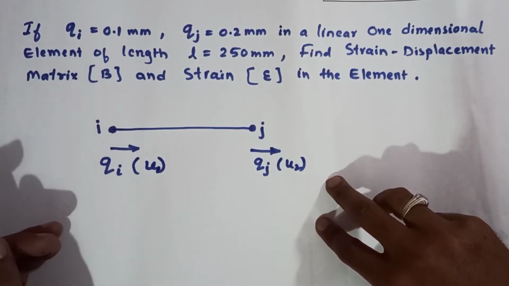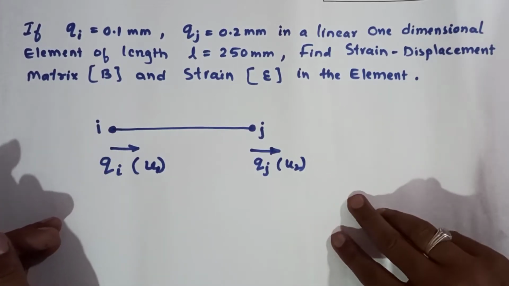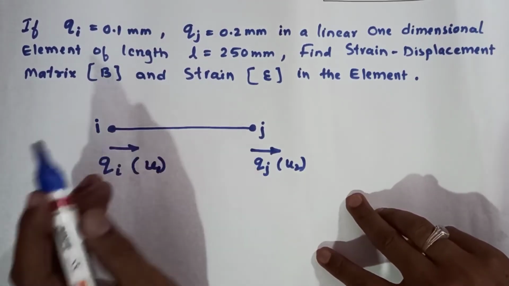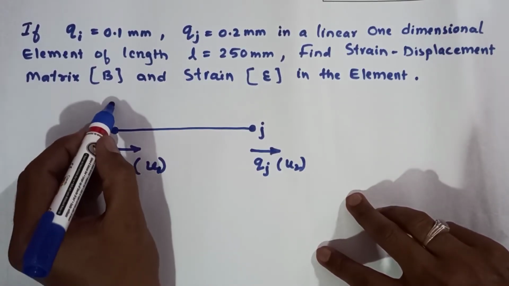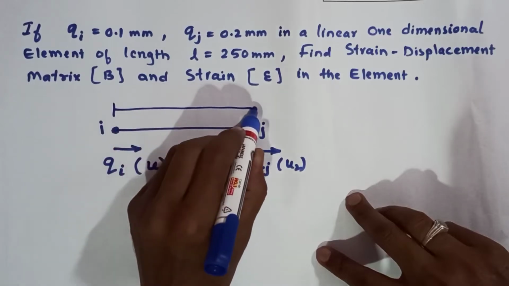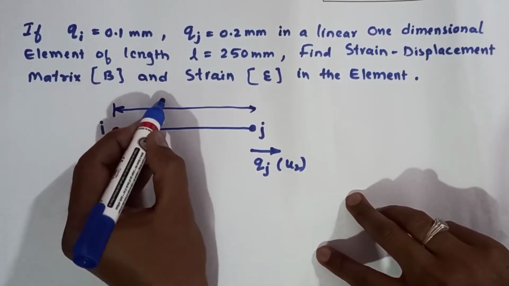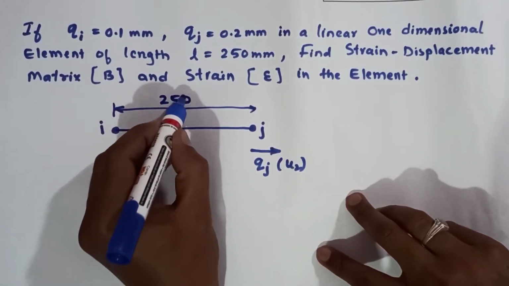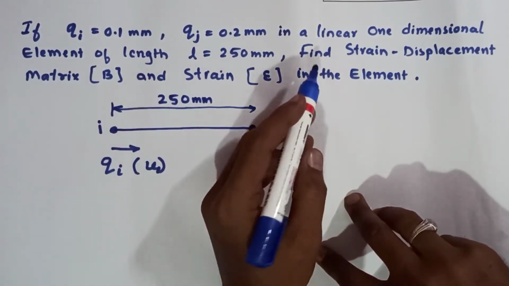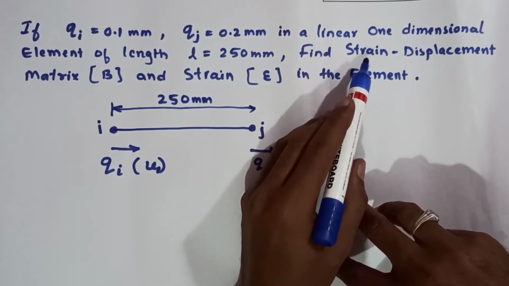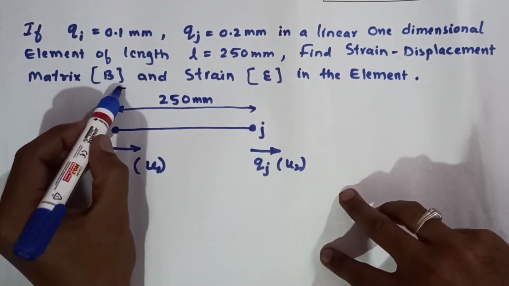It is all based upon the textbook which you are referring to. It is a linear, one-dimensional element with a total length of 250 millimeter. Now you need to calculate the strain displacement matrix.